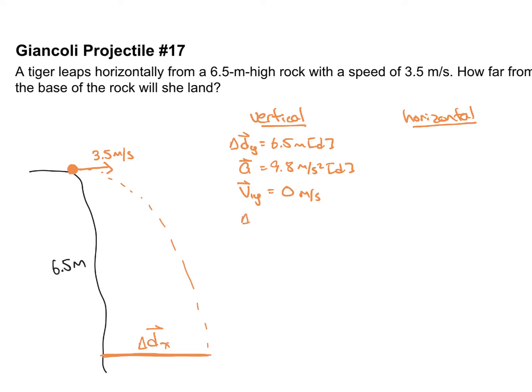We're going to use this information to find out the time that it takes the tiger before it hits the ground. So since it's free fall, it's uniform acceleration, so we can use the uniform acceleration formulas. The one that will work for us is number 3 from the list we have in our classroom.